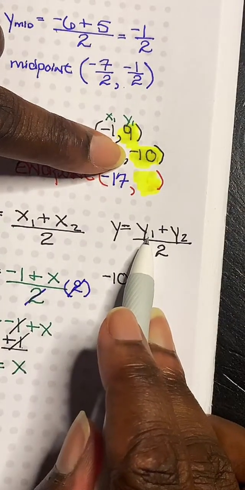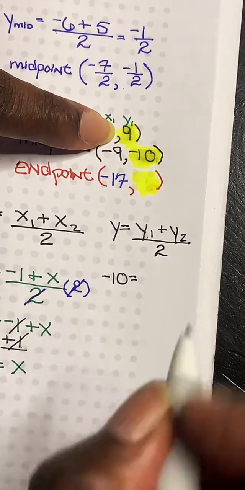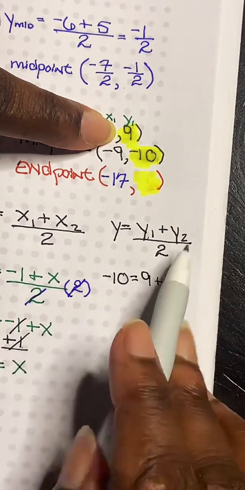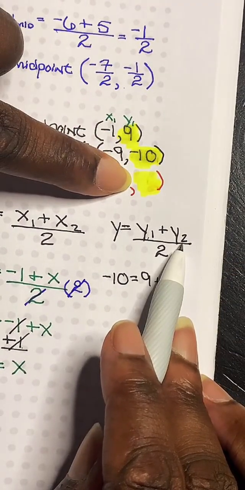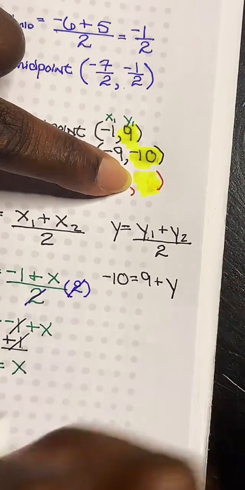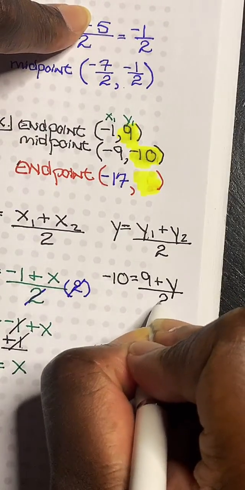This is the y of the endpoint that they gave us, so the y of the endpoint they gave us is 9. And this is the y of our missing endpoint. We don't know what it is because that's what we're looking for. So that's going to be my y, and it's always being divided by 2.